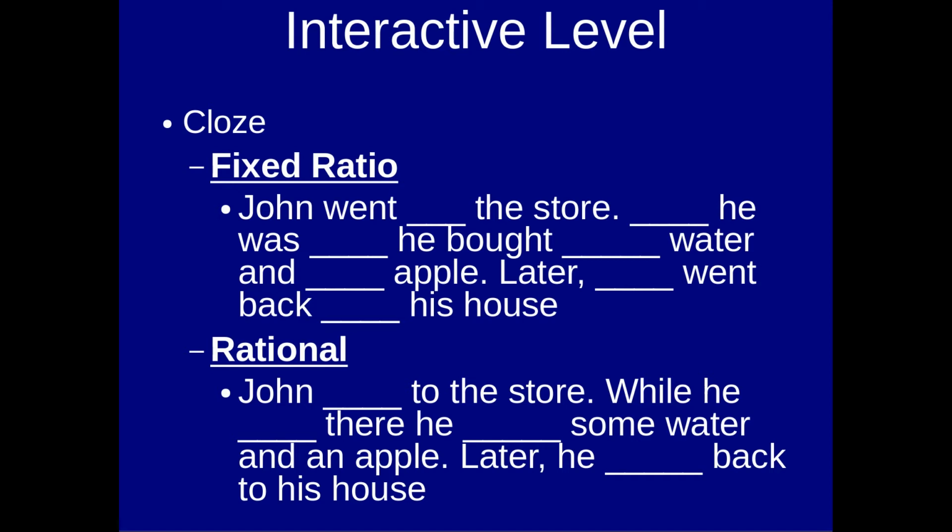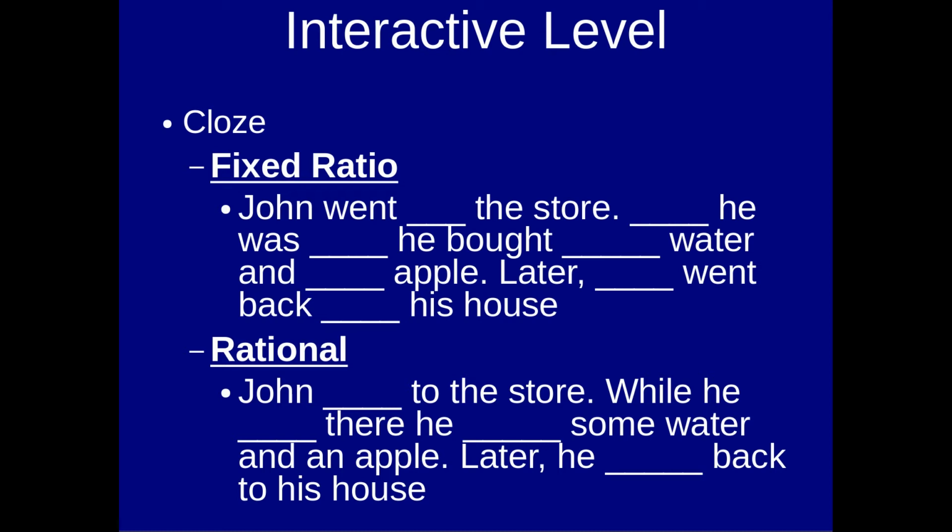With fixed ratio, it's always the same distance, and so different words are removed at different times. If you look at the second example at the bottom, rational is where you remove words for a specific purpose. In the bottom one, most of the time I focus on removing verbs. John blank to the store, probably went.